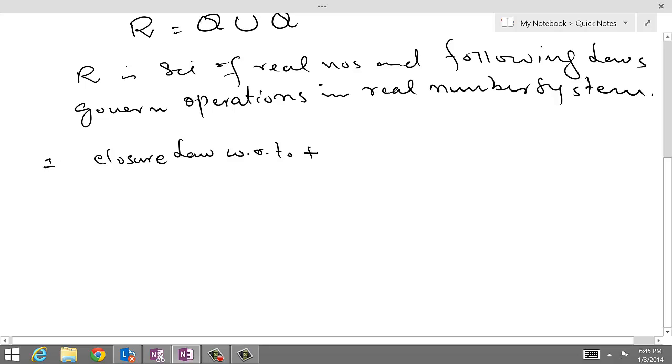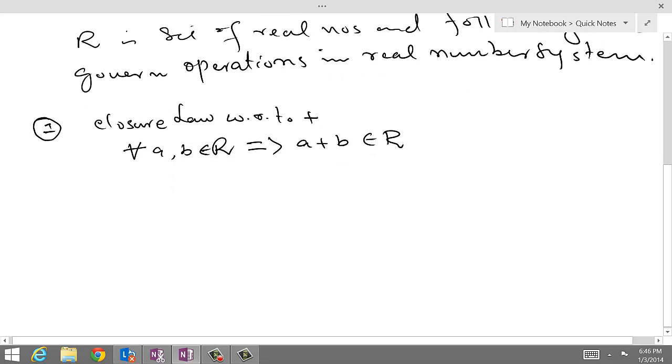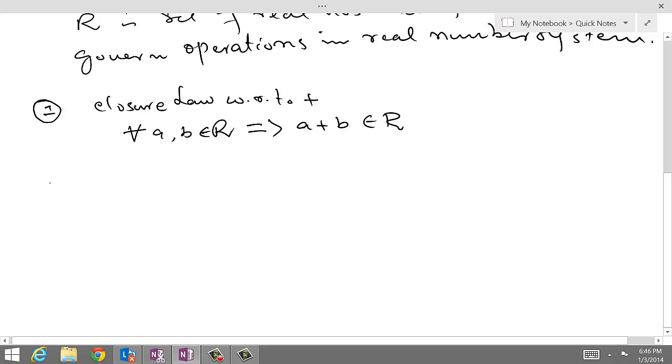Now these laws are sometimes called properties, so in some books you might see this as a closure property with respect to addition, and in mathematical language we can say that for all a, b belonging to R, means for any two real numbers, we have a plus b belonging to R, means the sum of two real numbers is another real number.